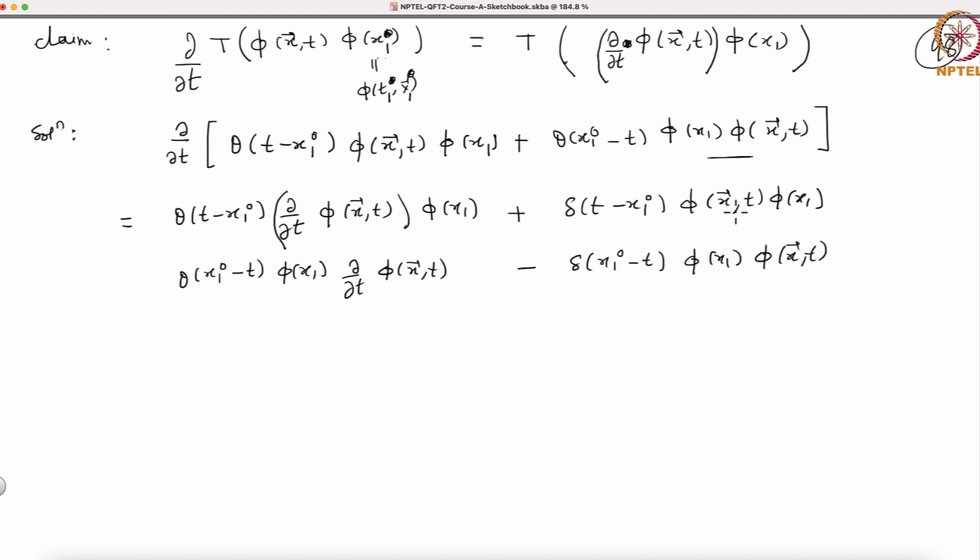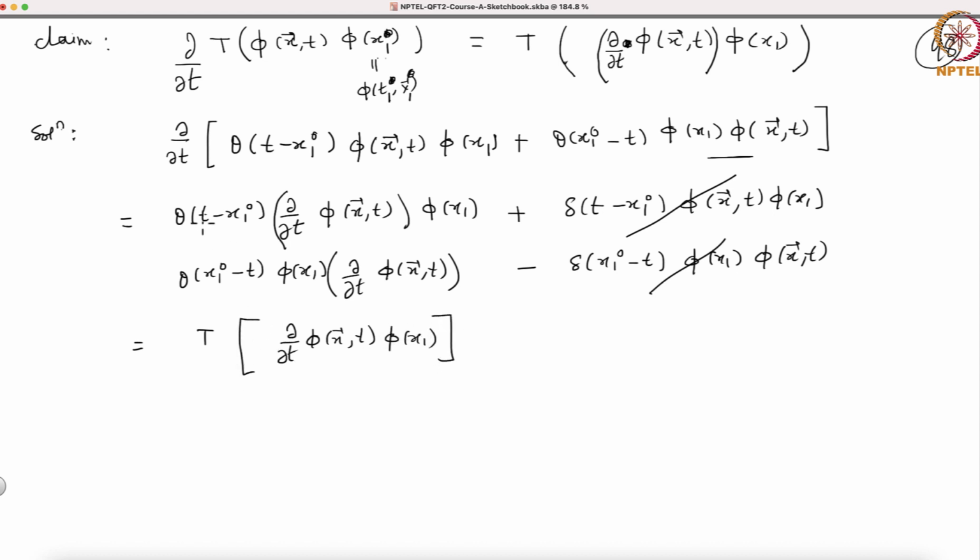Similarly here, and these two cancel. They are identical. So you are left with this term, which is just the time ordered product of del over del t phi x t. Both of these terms have identical factor here, times phi x1.